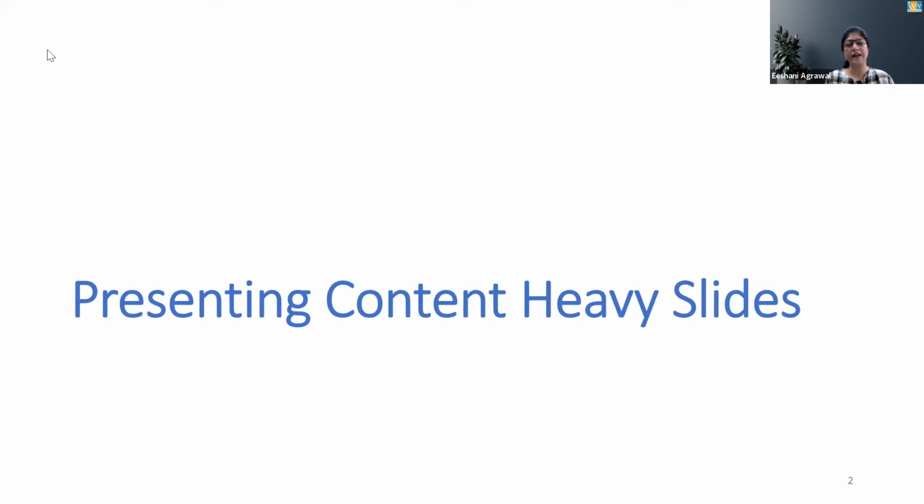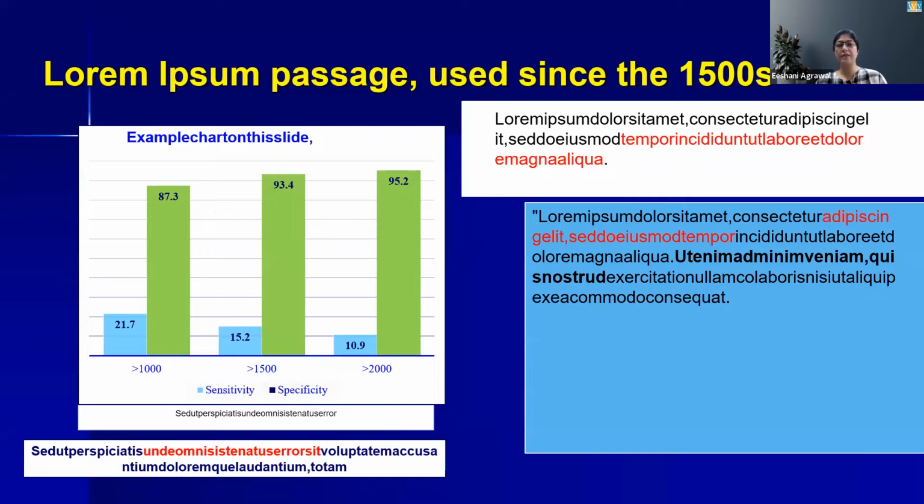Presenting content heavy slides means too much information on the slides. Like there may be a chart, there may be a table, there may be a couple of text boxes. Sometimes we have a choice that yes, we can reduce the content on a given slide. In this deck, you will see this PowerPoint presentation, where there is the chart, there are the text boxes.